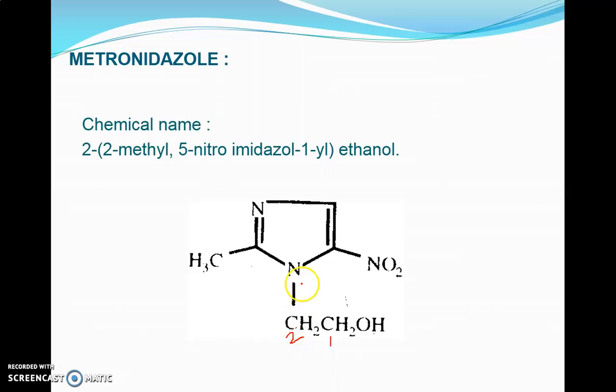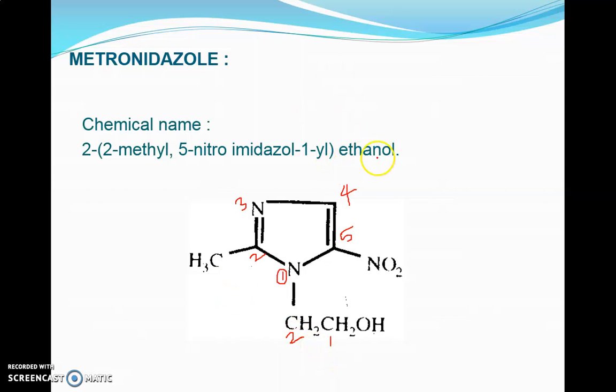Now on the second carbon, there is a complicated substituent called imidazol-1-yl. If we give separate numbering to this imidazole, this will be 1, 2, 3, 4 and 5. So you can see that on the second position of the ethanol, there will be 2-methyl-5-nitroimidazol-1-yl.